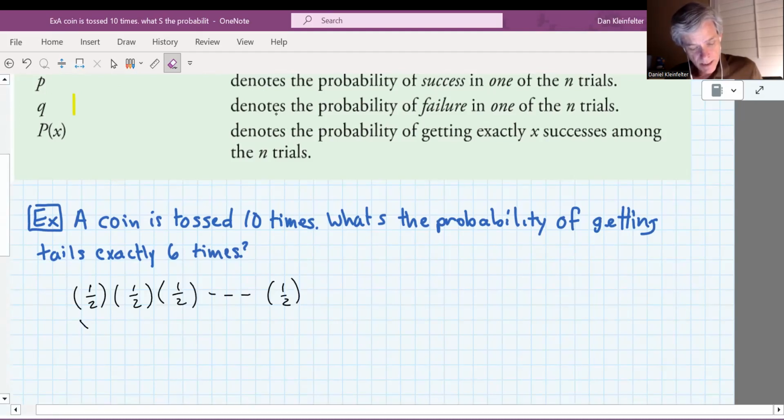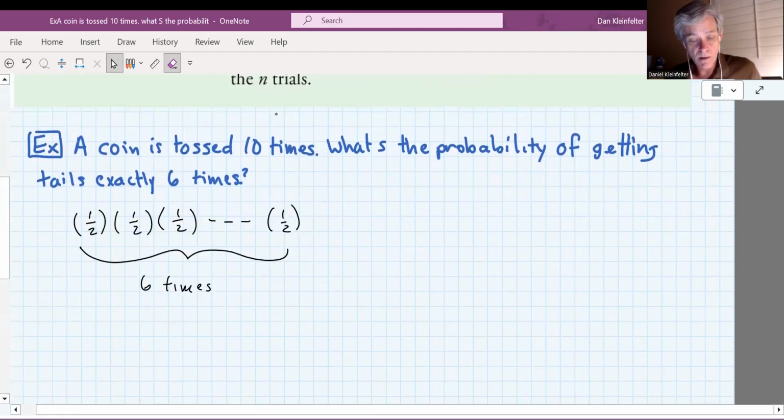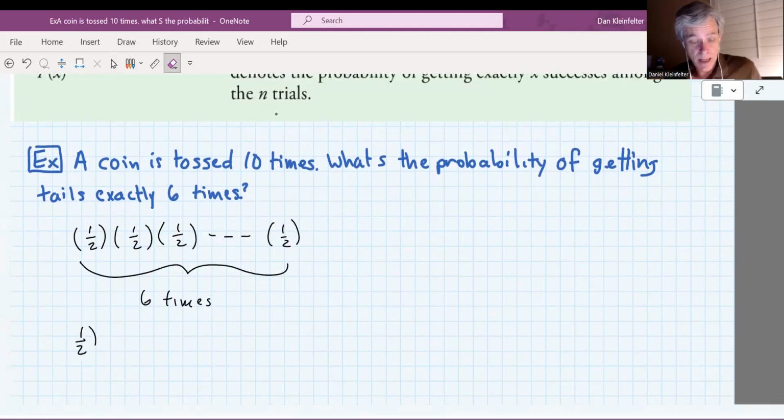So that will be 1/2, and that will have to occur 6 times. Our probability of success was 1/2. That has to occur 6 times. We're basically using the AND formula right there, which says you multiply together the probabilities.